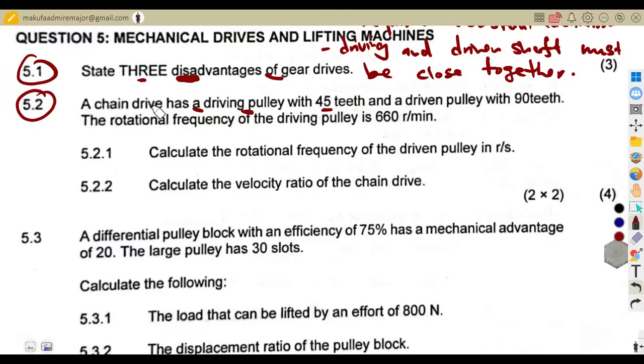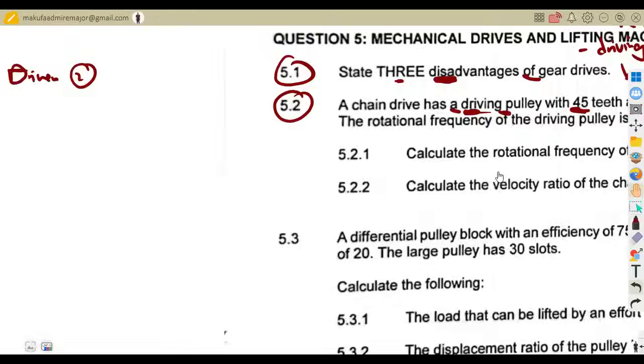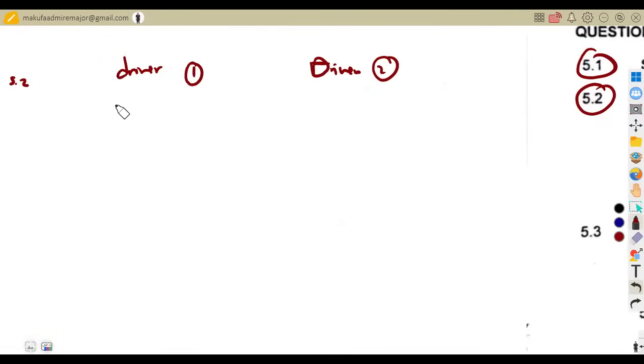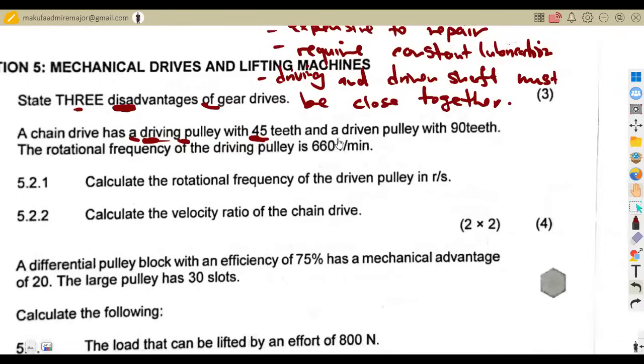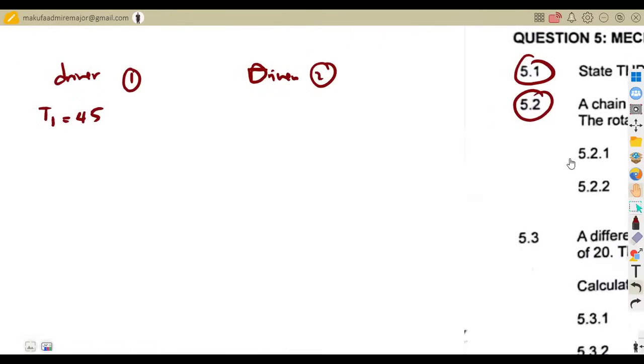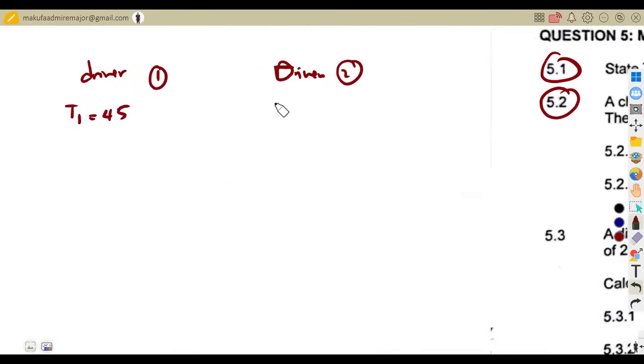So then we are given the number of teeth on the driving, which is 45. That's T1. Remember I said the driver is 1, or you can use TD. Then the driven has 90 teeth, so that's T2.